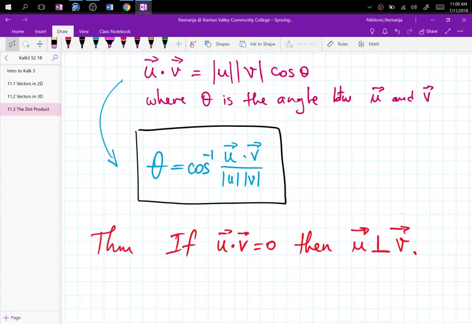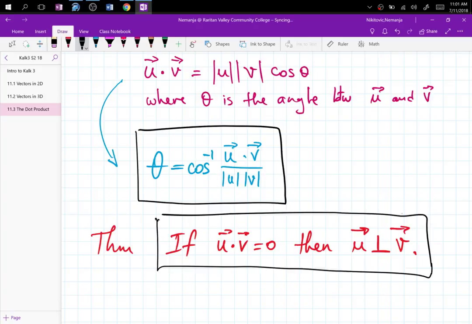Any other theta will have a dot product of some other number. If theta is either 90 degrees or 270, which is equivalent to negative 90 degrees, that dot product would be 0. This is very helpful later on in our lectures. So I am actually going to box that as well, because this is one of the key points for today. So far we have 3 key points.